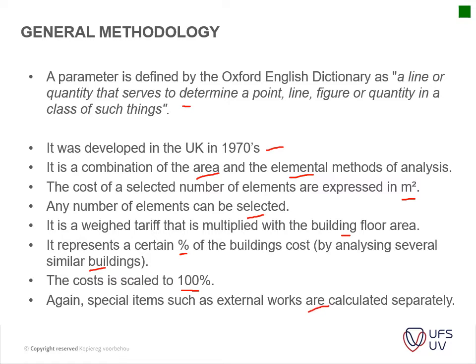The main thing about this method is that you have measured halfway, maybe with your elemental method, and now suddenly the client asks you to present your estimate within a short period.